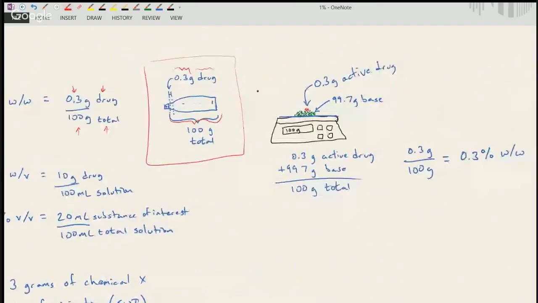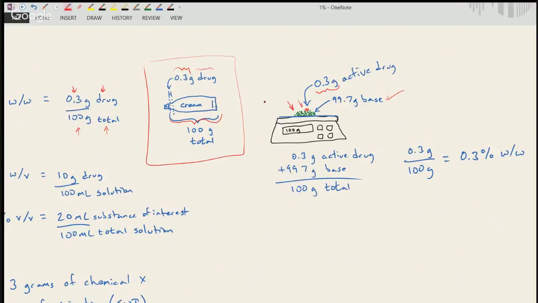So let's say this green stuff right here is the base, just like cream base, inactive cream. And this red part right here is the active drug. This active drug will be weighed and it'll be 0.3 grams.